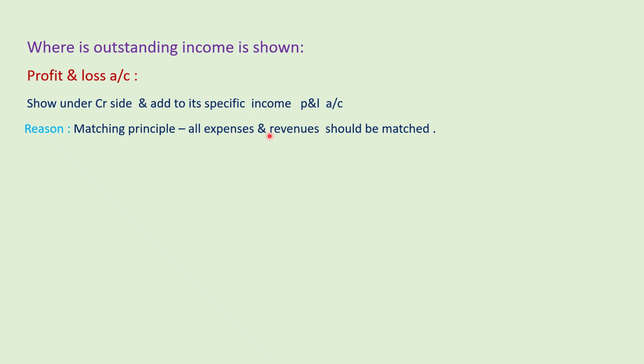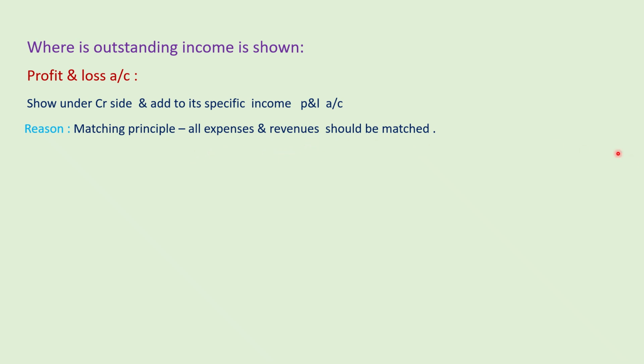Even if the amount is not exactly received, if the expenses and revenues are incurred, they have to be matched. That's why even though this income is not yet received, it has to be added to its specific income to make sure everything is matched.